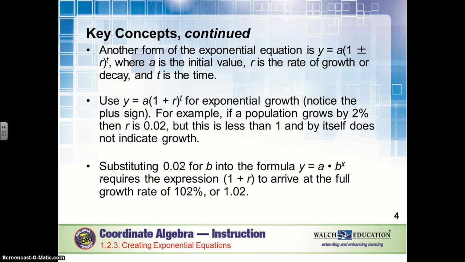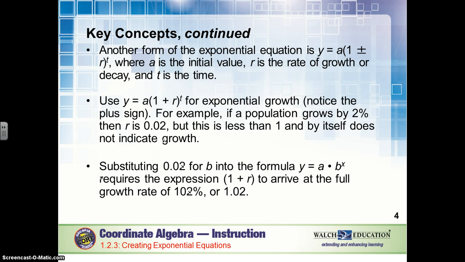You'll use y is equal to a times parentheses 1 plus r, close the parentheses, to the t power for exponential growth. Notice the plus sign. For example, if a population grows by 2%, then r is 0.02. But this is less than 1 and by itself does not indicate growth.